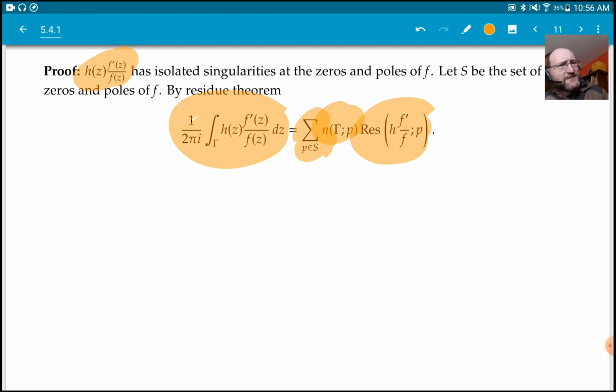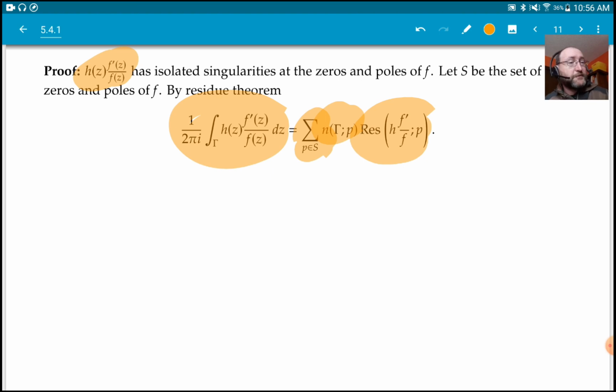So really, we just need to compute the residues. If there was no h, what we'd want the residue to be is really the order of the zero, or if it's a pole, we want minus the order.